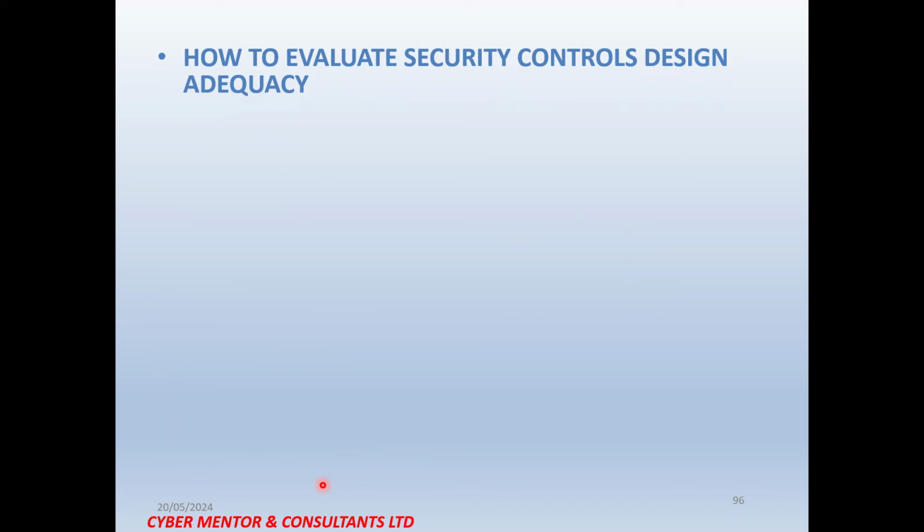They're actually meeting needs. Remember, there's a difference between testing of control and assessing adequacy of controls, design adequacy. When we talk about testing of control, you are testing the control to see if it is working. Like we mentioned, the use of password.